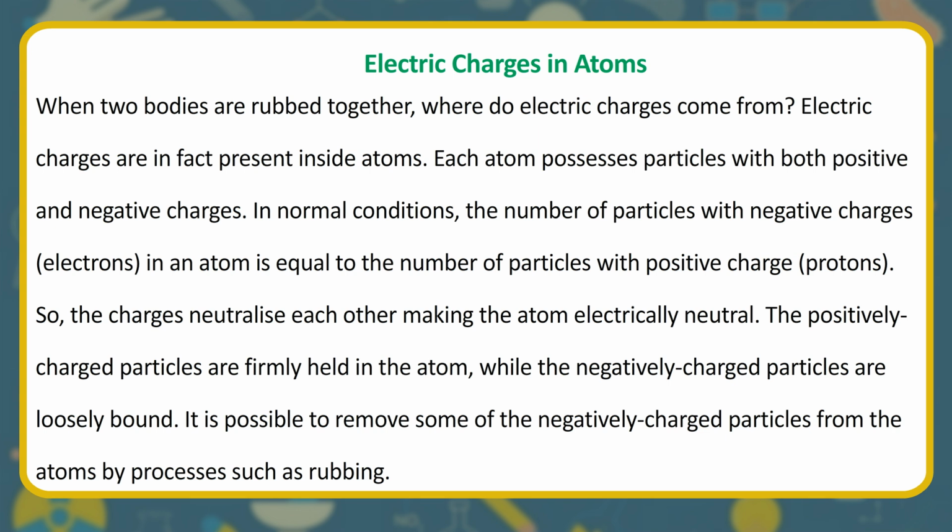So, the charges neutralize each other, making the atom electrically neutral. The positively charged particles are firmly held in the atom, while the negatively charged particles are loosely bound. It is possible to remove some of the negatively charged particles from the atoms by processes such as rubbing.